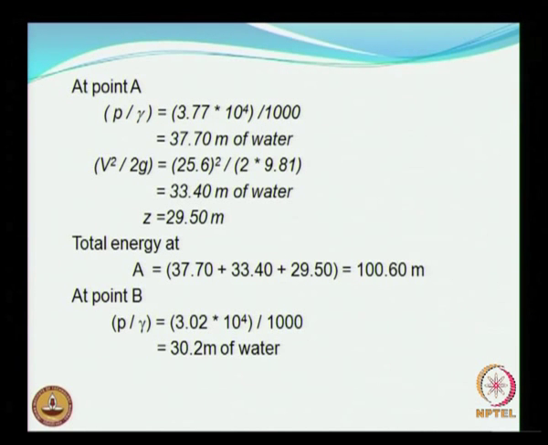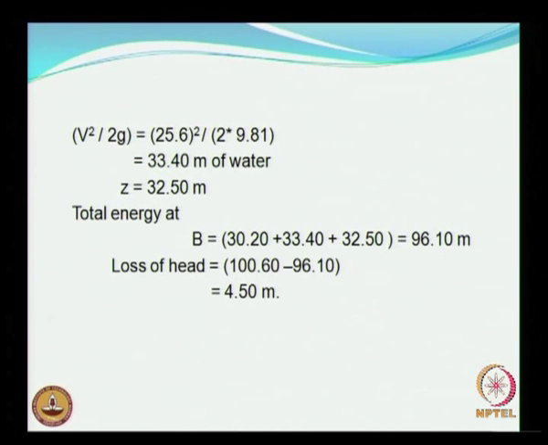At point A, you can calculate with this data, that will be 37.7 meters of water, and with the velocity you can calculate the velocity head, and the elevation is given. So the total head will be 100.6 meters. At point B, P by gamma can easily be calculated. V square also can be calculated.